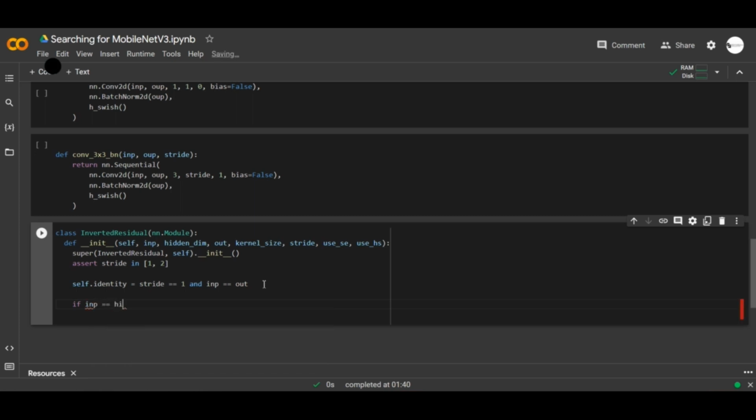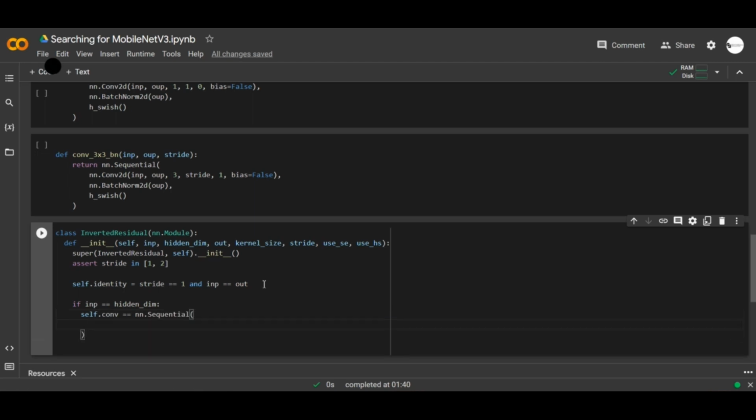Okay, so we're gonna ask ourselves if input equals hidden dimension. If this is it, then we say conv equals nn.Sequential.